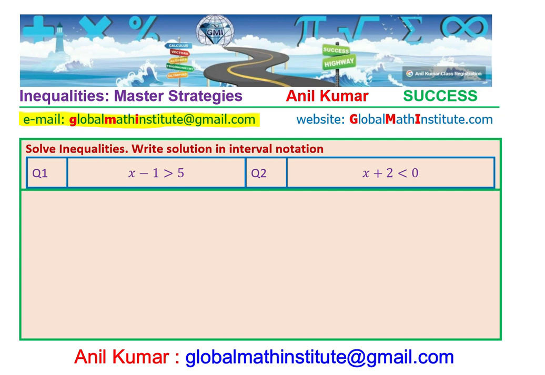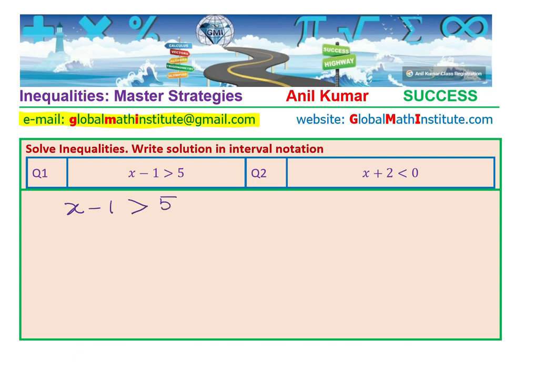So let's begin with the very first question, which is x minus 1 is greater than 5. This symbol is for greater than. How do we solve it? The solution is very similar to that of equations. We'll do the same operation on both sides.